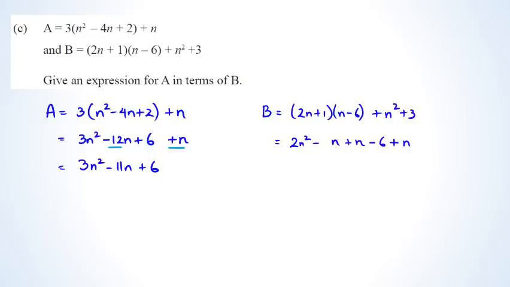Then I have plus n squared plus 3. I've just realized I made a mistake here because 2 times negative 6 is actually negative 12n. So that should be negative 12n here.